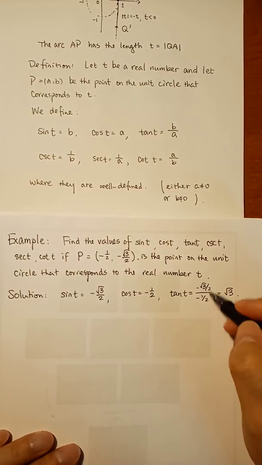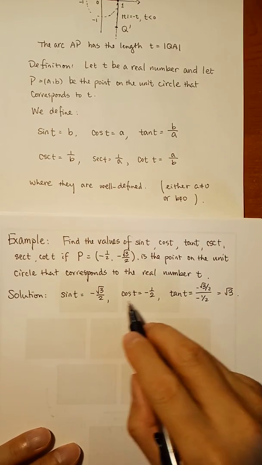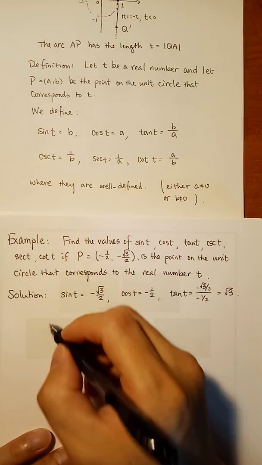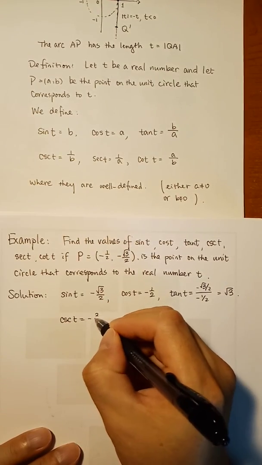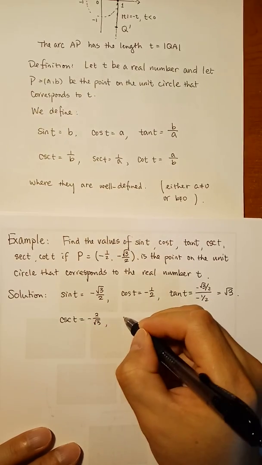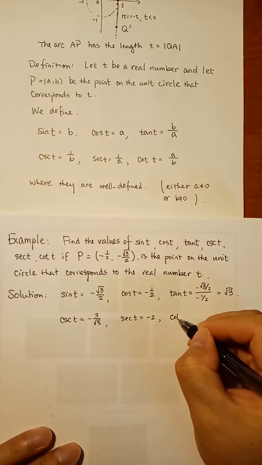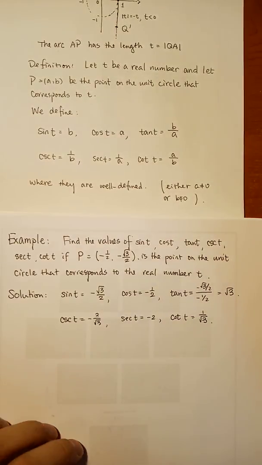Just multiply top and bottom by -2, you get the square root of 3. Once you finish the first line, you just flip them to get the second line. So the cosecant of t is -2 over square root of 3. Secant of t is -2. Cotangent of t is 1 over square root of 3. Okay, so that's not bad.